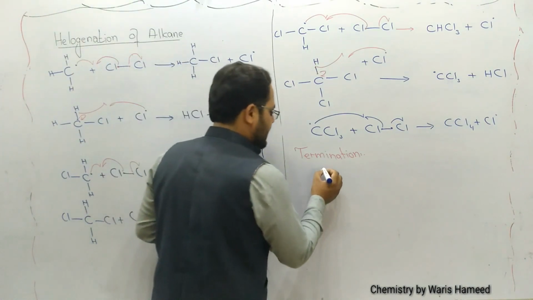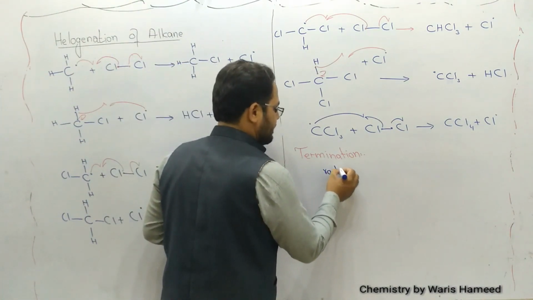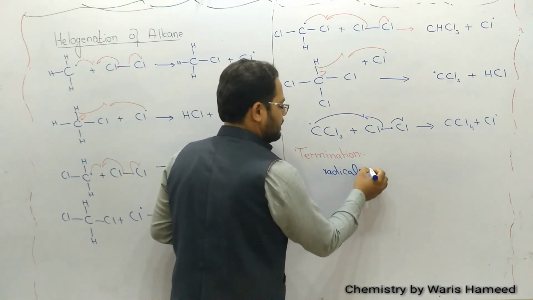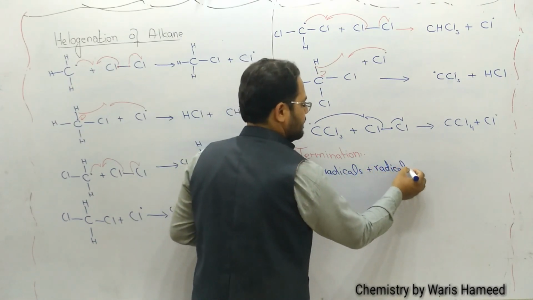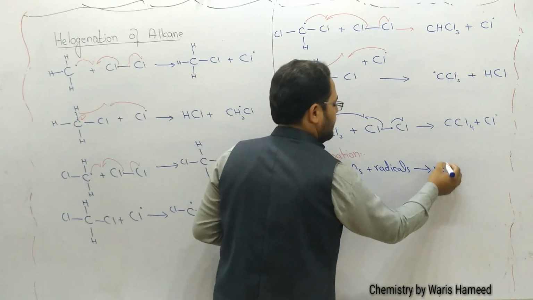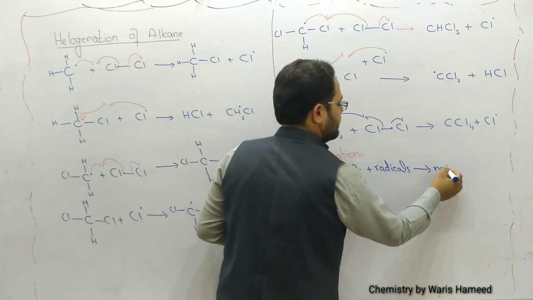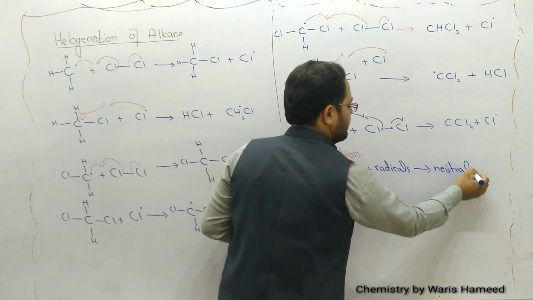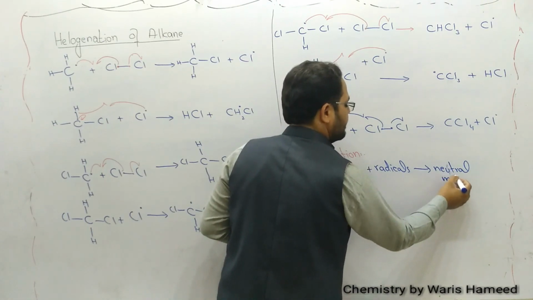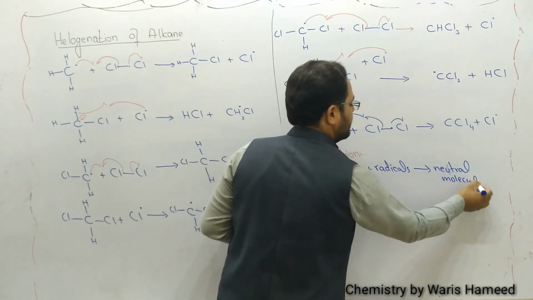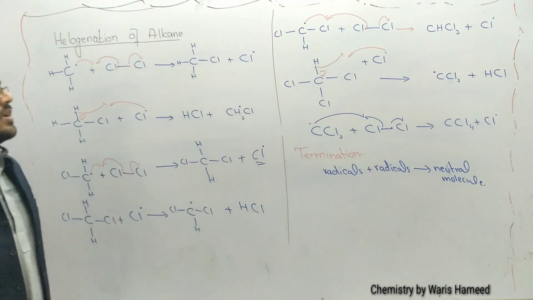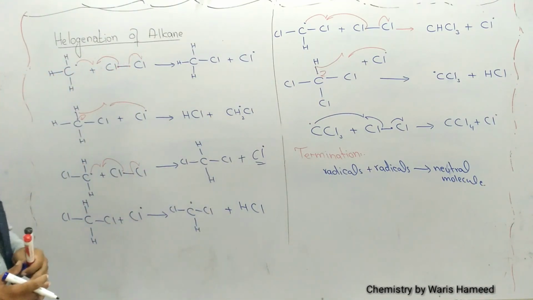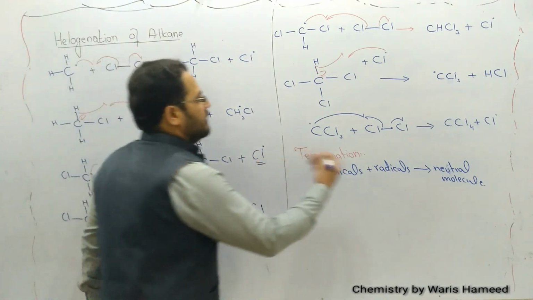In this, radicals will react with radicals to form a neutral molecule. We can say that radicals react together and they form a neutral molecule.